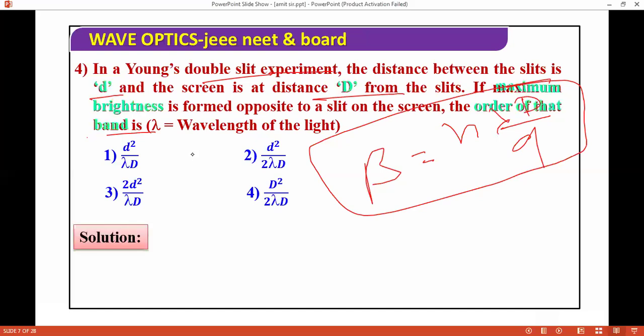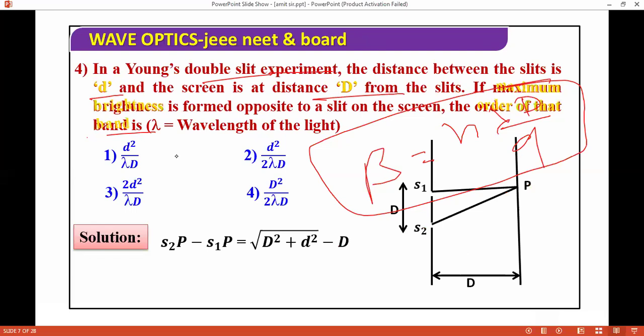So here, what is this? Basically, this is the path difference. So you should find out S2P square minus S1P square. You will get S1S2. What is S2P square? Traditionally, small d is the distance between the slits and capital D is the screen distance.